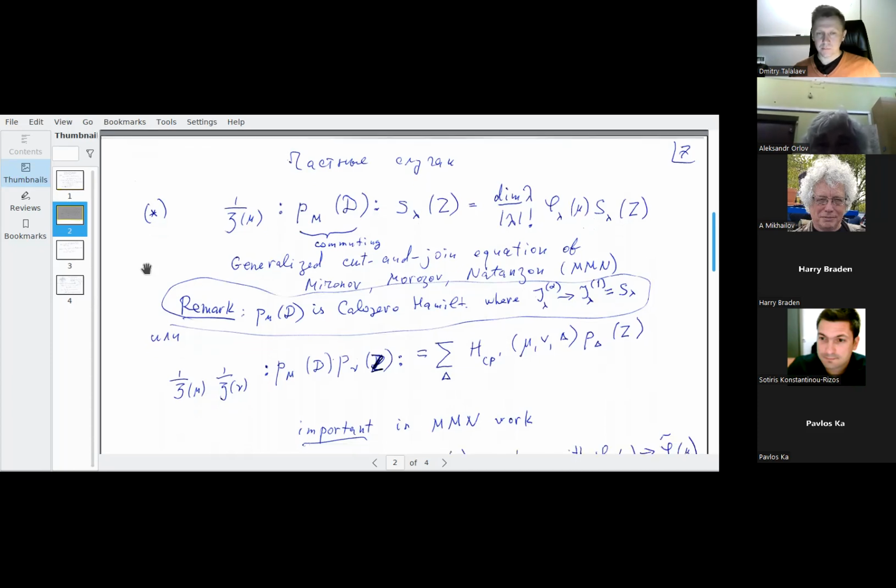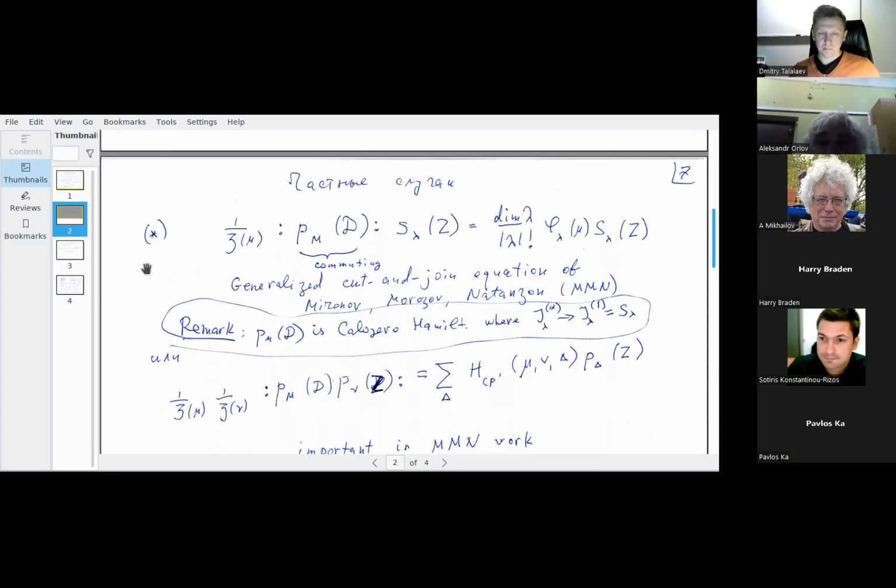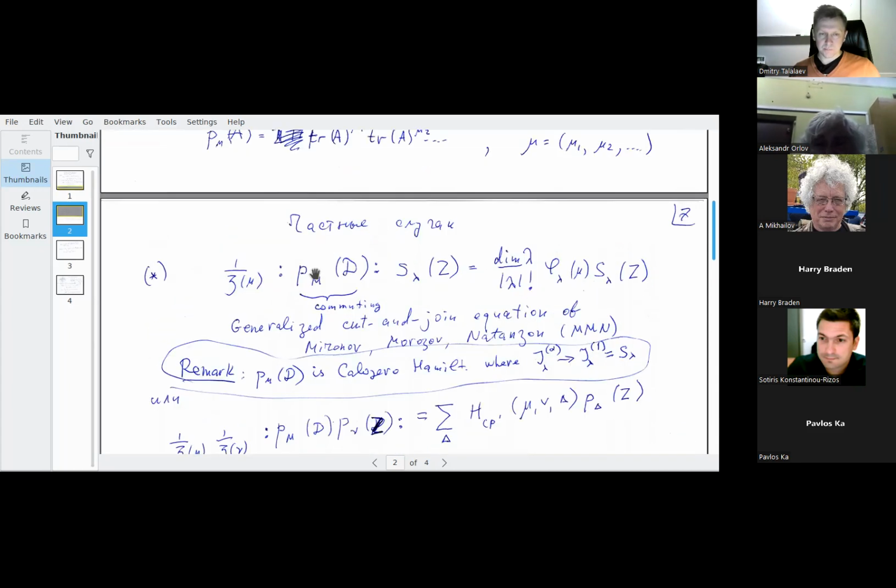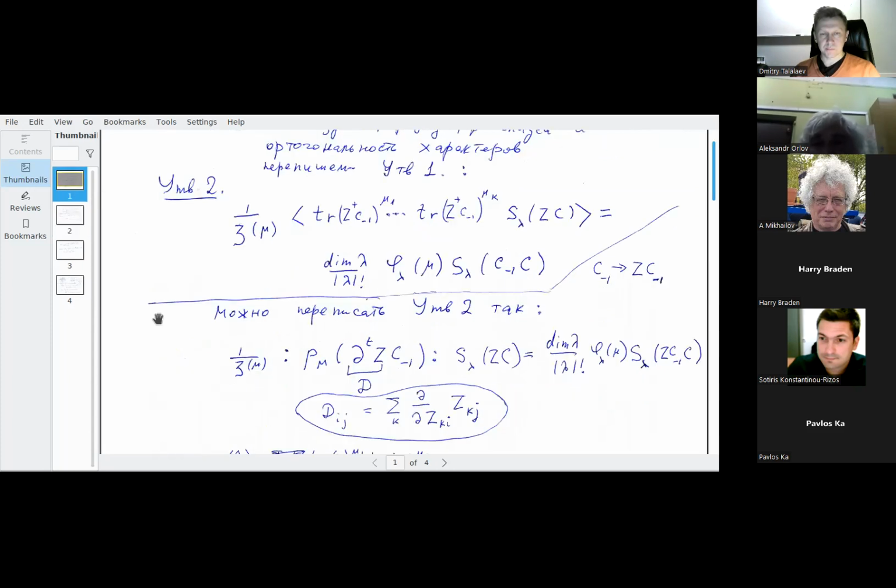Yes. But it can be considered as just a differential equation in other variables, in entries, because this is polynomial in entries. The Schur function is a polynomial in entries of the matrix. This is also polynomial in entries and in differential operators in entries. So our variables are entries of matrix Z, but in the case when these constant matrices are just, remember, we have C1, C minus 1, or C minus 1 and C.